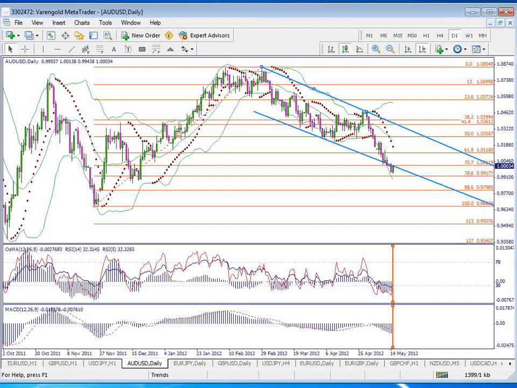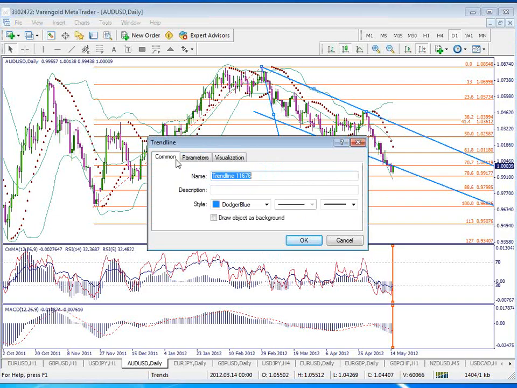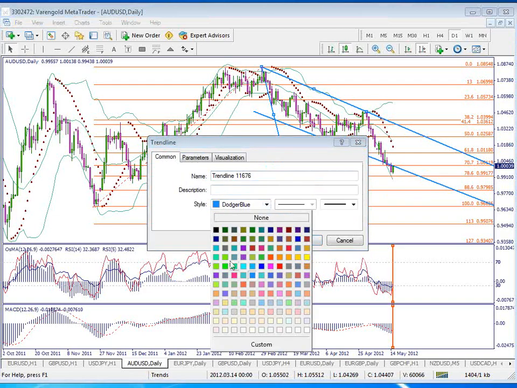Michael is asking me, Christina, can you see the waves on Aussie dollar in the new downtrend? Michael, I can see those too high. So the lowest point here will be the end of the first wave. So I can consider that this will be the first wave.